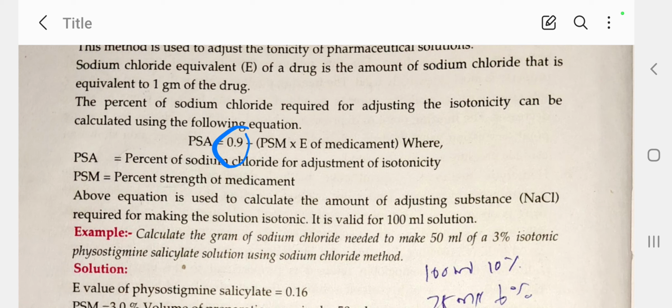Here 0.9 is the isotonic solution concentration, that is 0.9% sodium chloride solution.